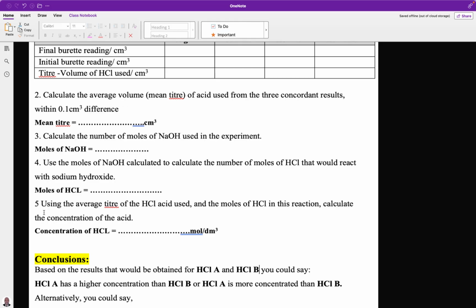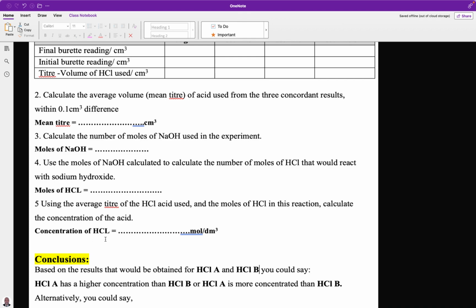Now, step number 5. Use the average titre of the acid used and the moles of the acid in this reaction to calculate the concentration of the acid.